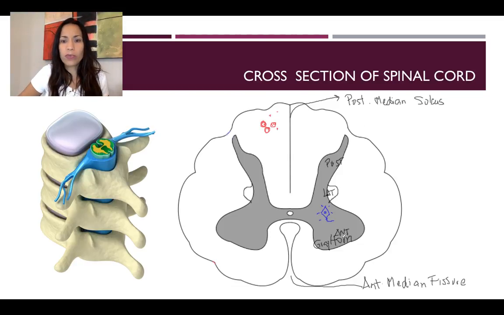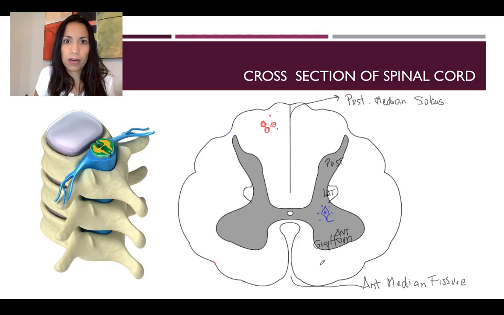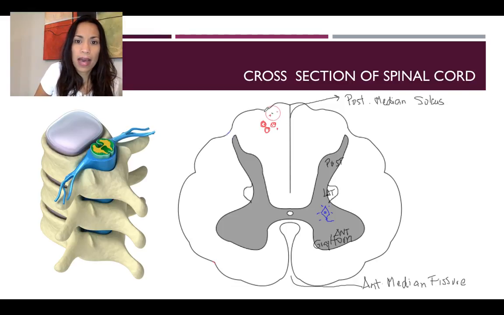In the gray matter, we have anterior gray horn, lateral gray horn, posterior gray horn. What do we have in the white matter of the central nervous system? All of these axons bundle up to form, not nerves, because nerves are in the peripheral nervous system. In here, they form tracts.